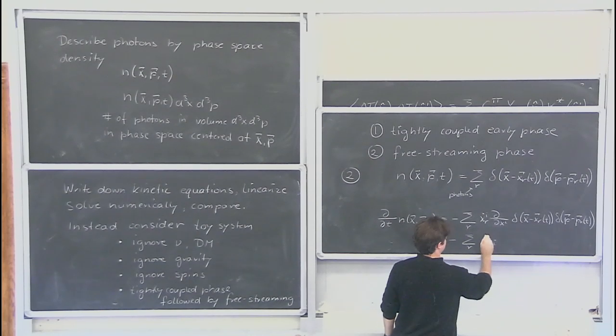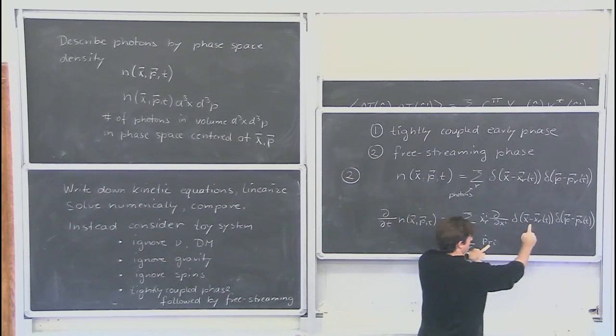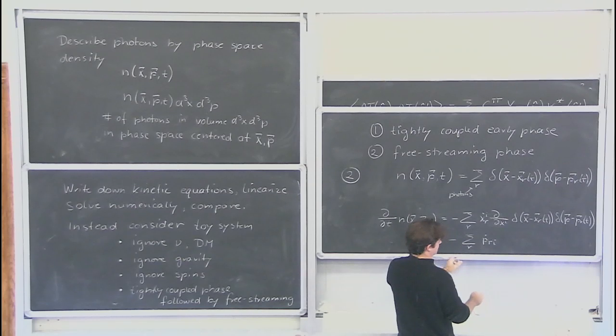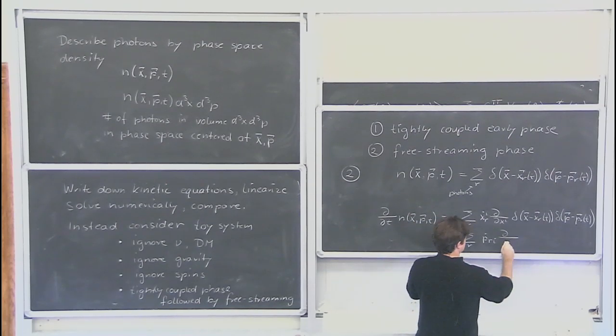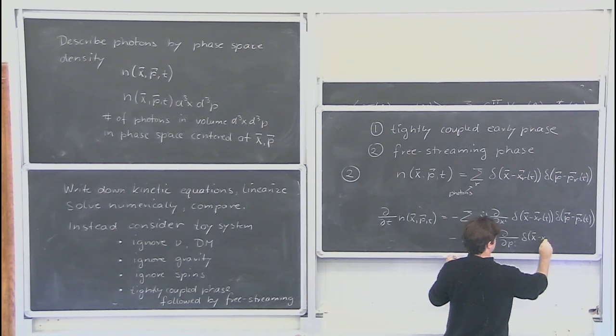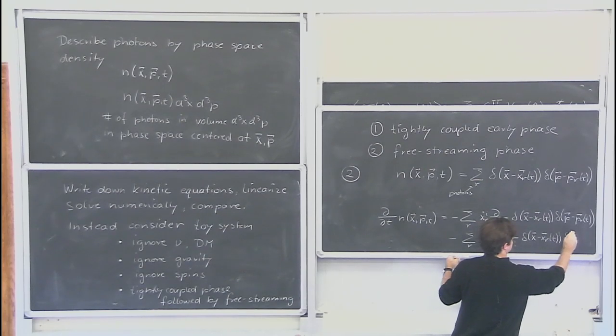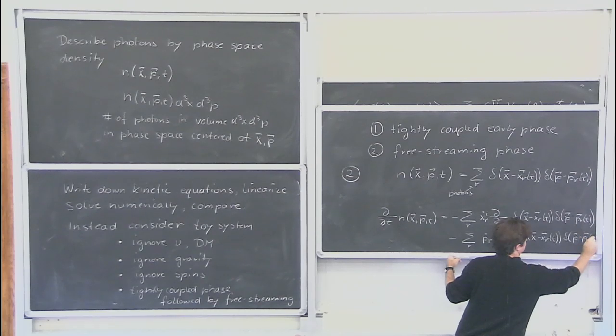Let me put the index down for no very good reason at this point, but it's more convenient in general relativity to write it that way, because then this thing is invariant under coordinate transformations. d by dp_i of delta of x minus x_r of t, delta of p minus p_r of t.